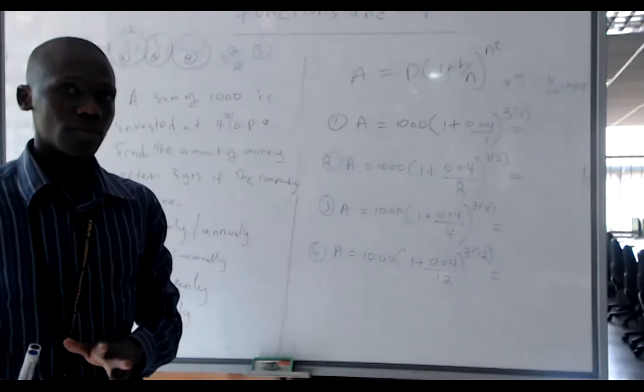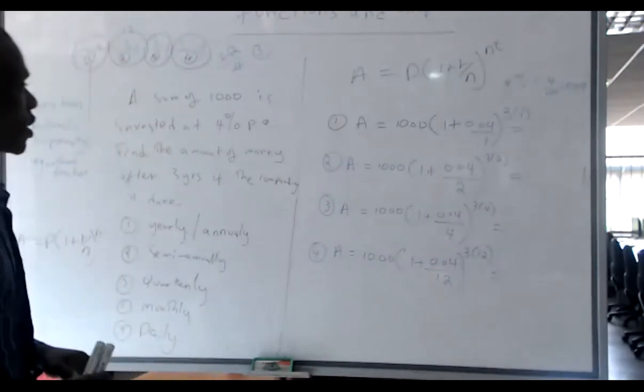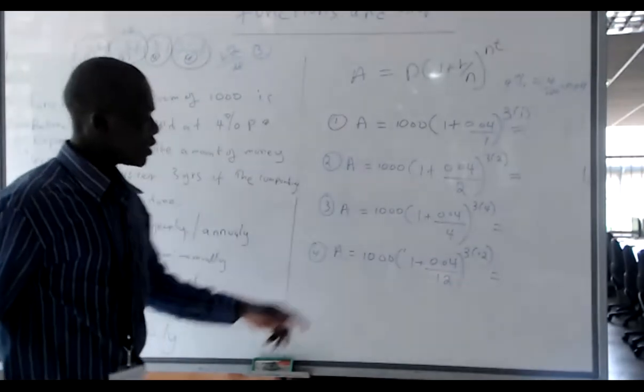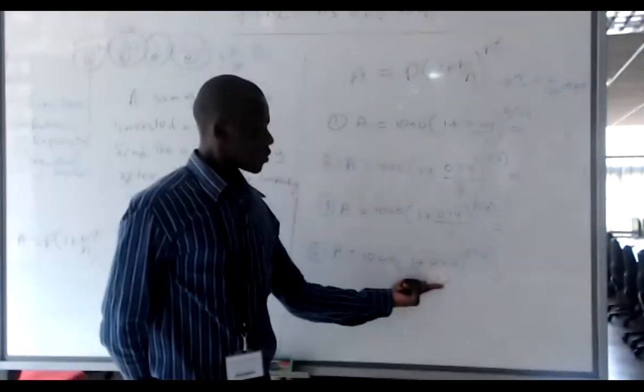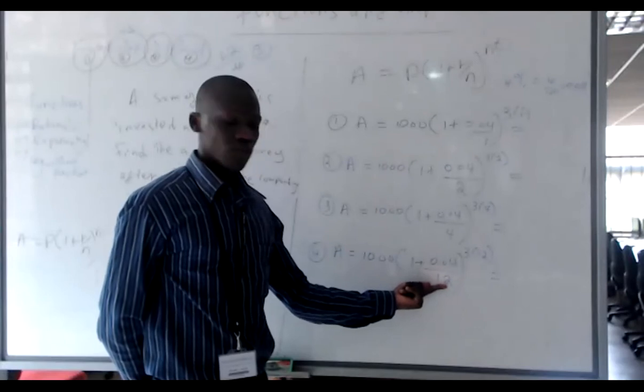Okay, thank you. You're welcome. I have a question. Yes, go ahead. For monthly, what will be the value of n if you calculate January, February, March? It's 12. N is 12.